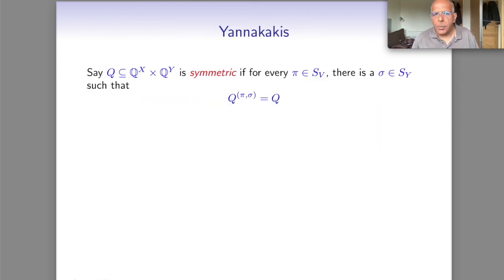So what did Yannakakis prove? Yannakakis defines a notion of symmetric polytopes.